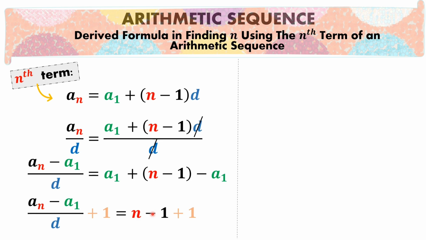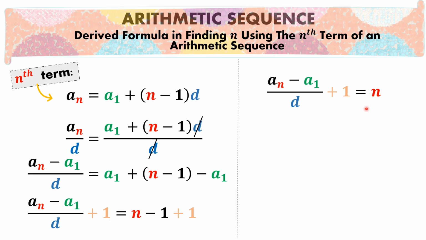So we have negative 1 plus 1 is 0. Therefore, a sub n minus a sub 1 over d plus 1 is equal to n.